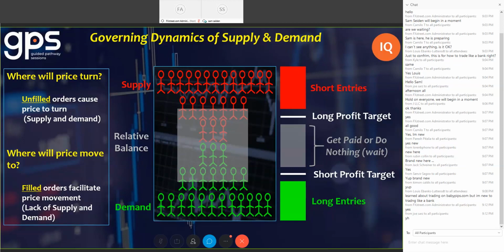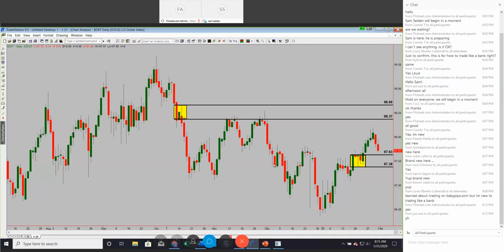All right, so let's go to the live markets, and let's focus on some opportunities and see what this looks like. So here we have the dollar falling to this price point. Well, what leads us to believe that demand exceeds supply here?